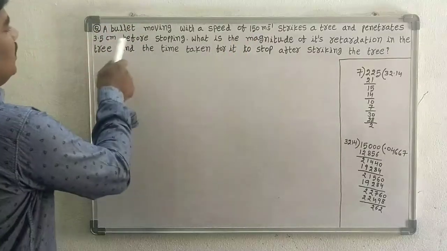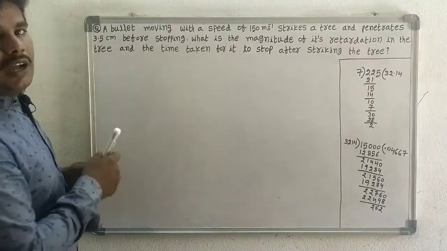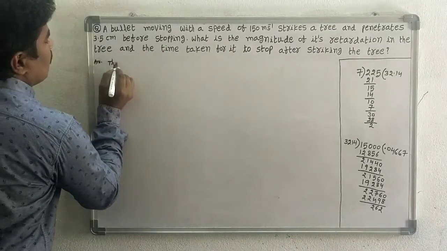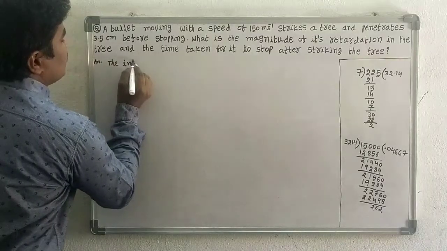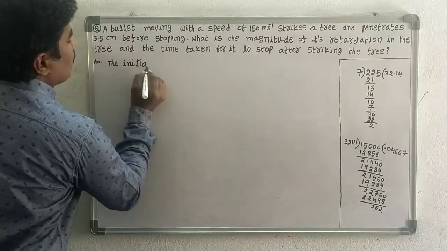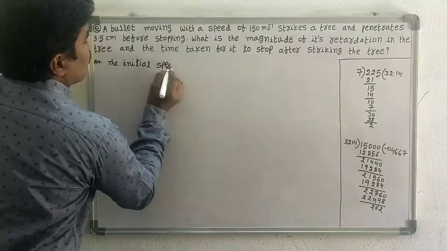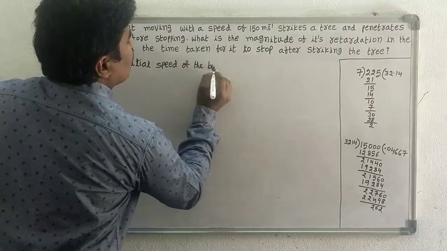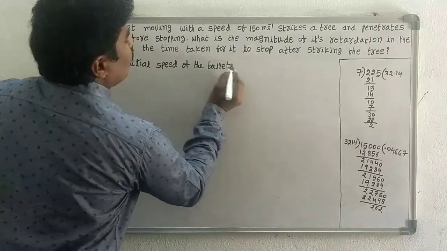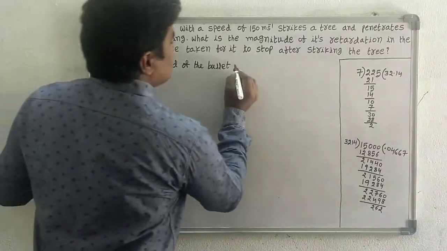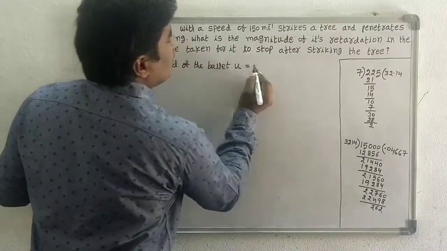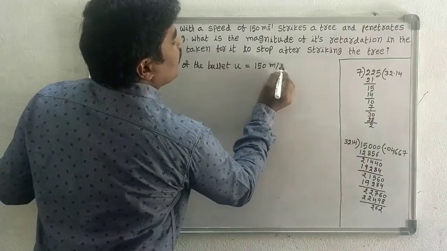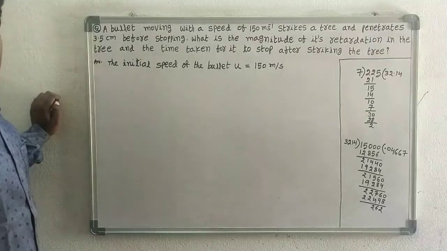So first we write the initial speed of the bullet. Initial speed is u. u is equal to 150 meter per second.